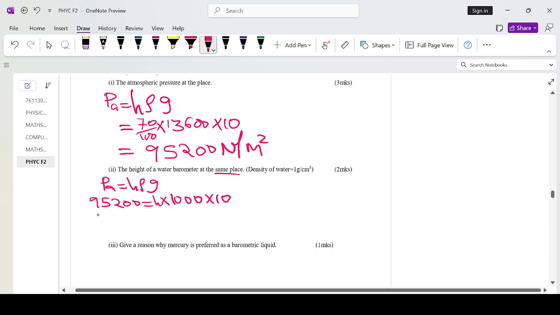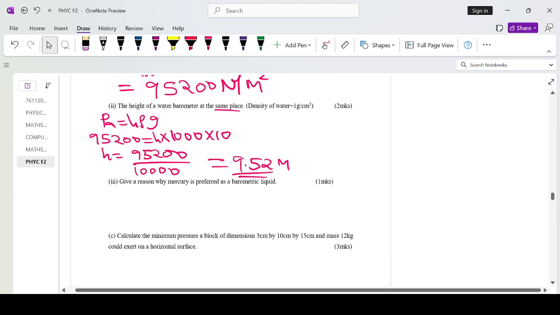So H is 95,200 divided by 10,000. When you do that cancellation, you'll get 9.52 meters. As simple as that, learners.